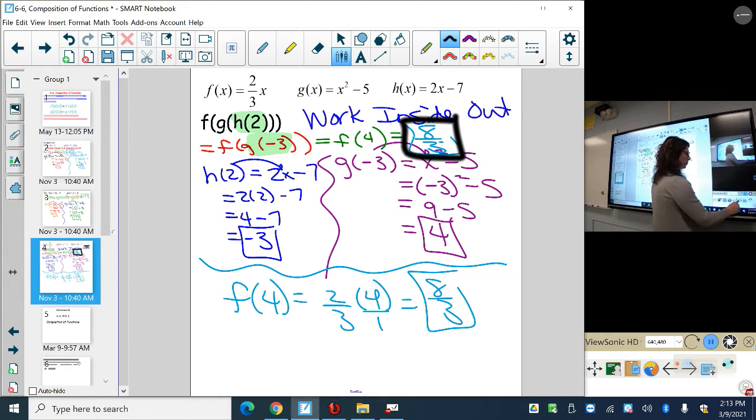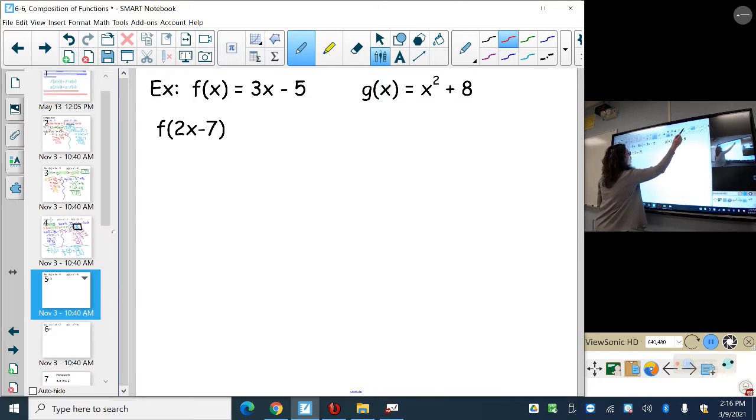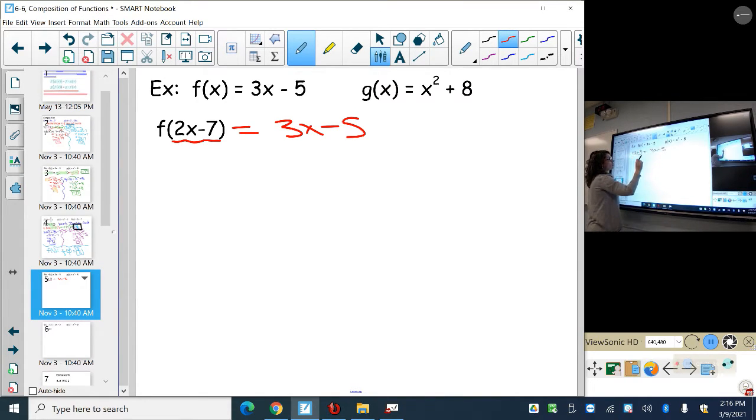Now I'm going to give you 2 more examples here. And these are going to be whenever you plug in an expression. So far all we've done is plugging in numbers. So now let's go ahead and do an expression. Now this says I'm supposed to take the f function, and every place I see an x, I'm now supposed to plug in 2x minus 7.